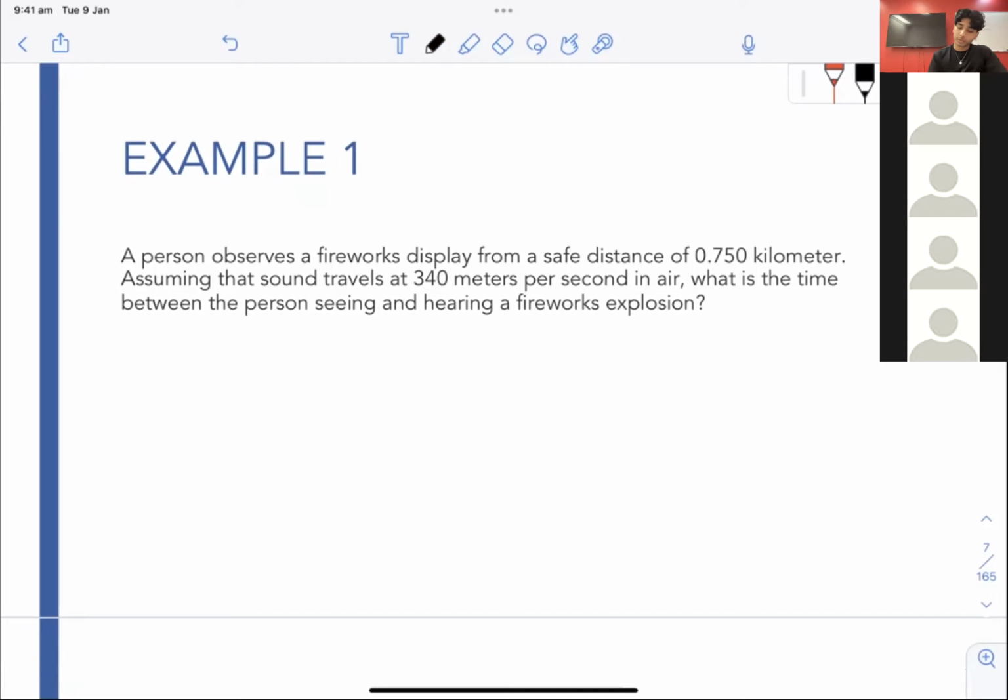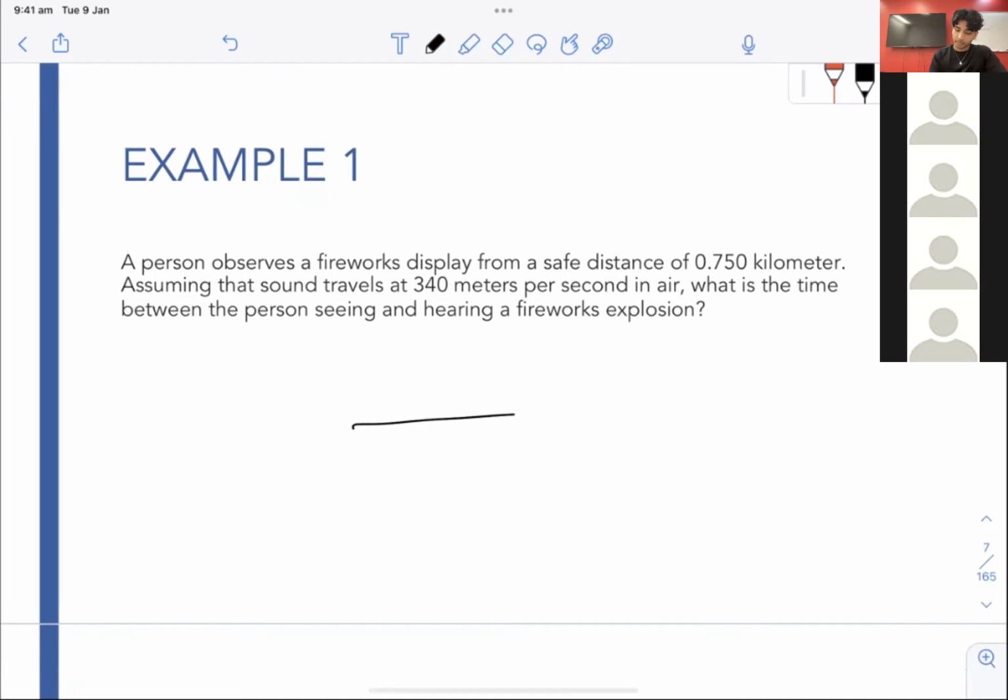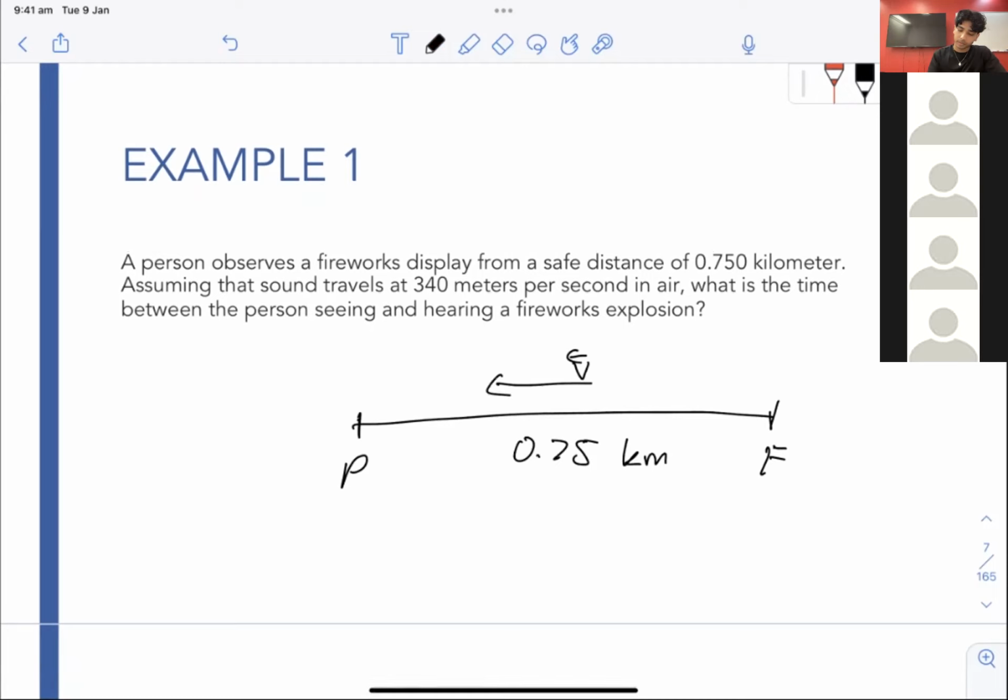First thing we'll do in any question is draw a little diagram. Here's F for the fireworks and here's P for the person. This is 0.75 kilometers. And we know that the speed of sound is 340 meters per second.